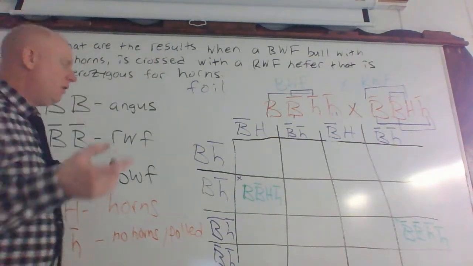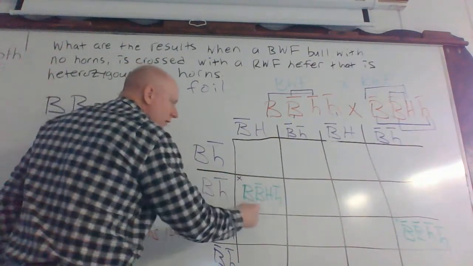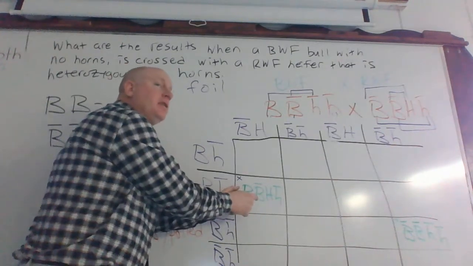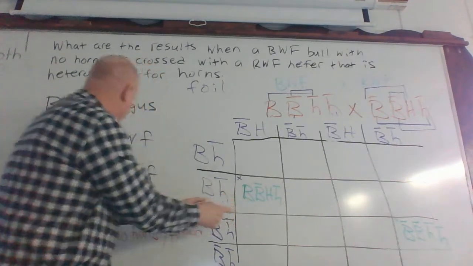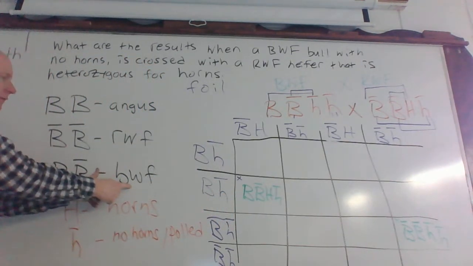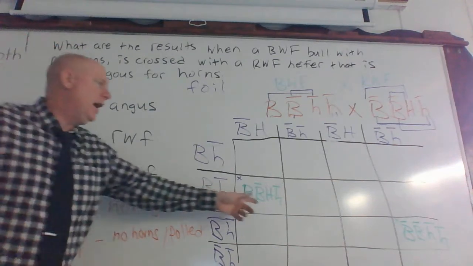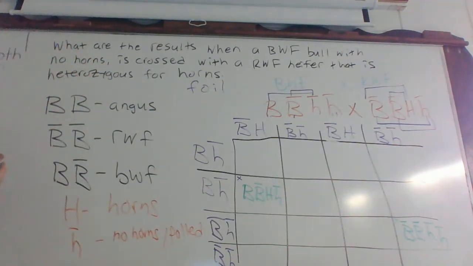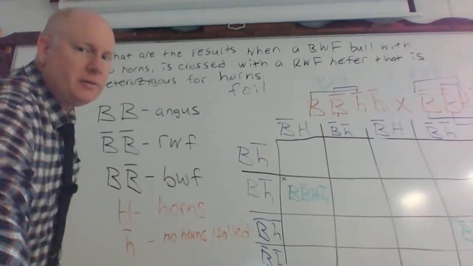Okay, so what you're looking at here, you would observe from this box, the phenotype is its coat color. What would it look like? Black, white face, and it would have horns. So what you would want to do is your possible outcomes would probably be something as follows.